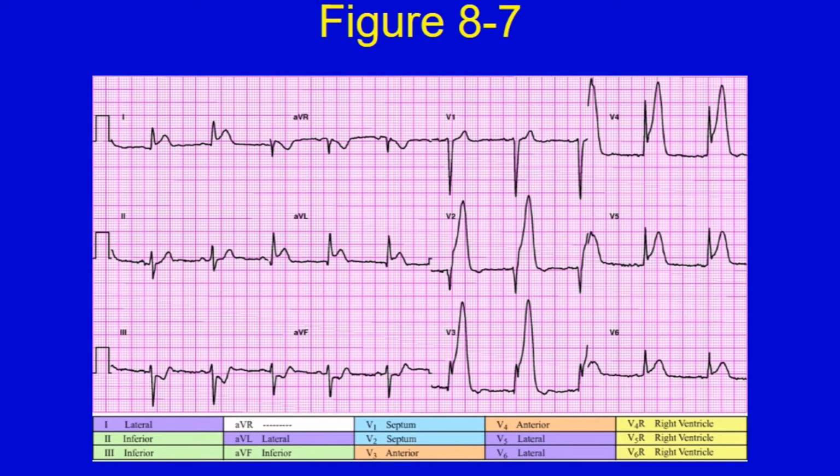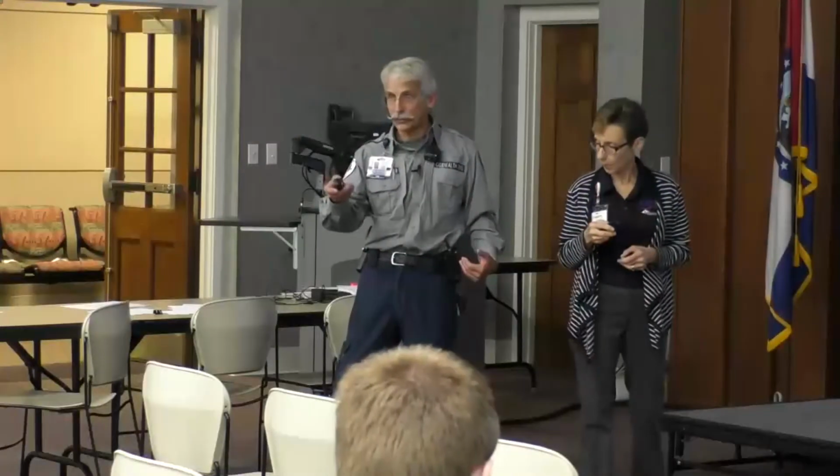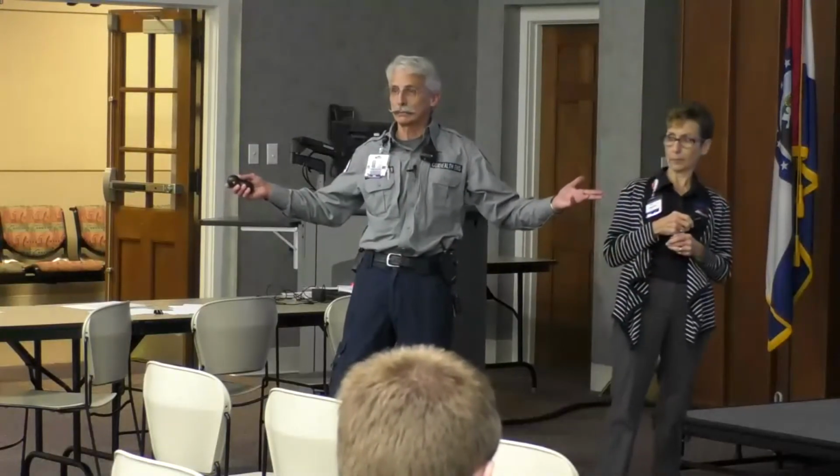And you'll see that he's reading those in an order that makes sense to us now, because you've been doing it long enough. 1 and AVL are both lateral leads. V5 and V6 are lateral leads, and V1 through V6 are all contiguous leads, but they go from the septal to the anterior to the lateral. And so you're reading exactly how I want you to read them.